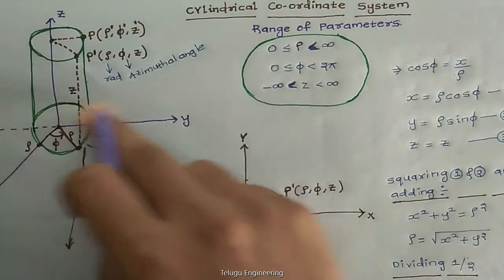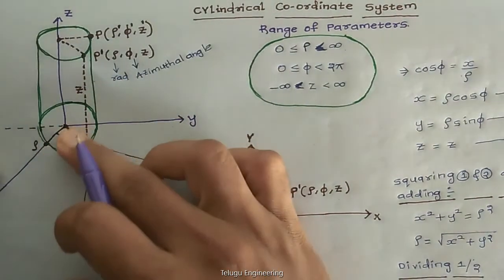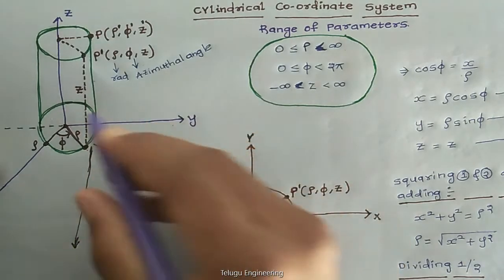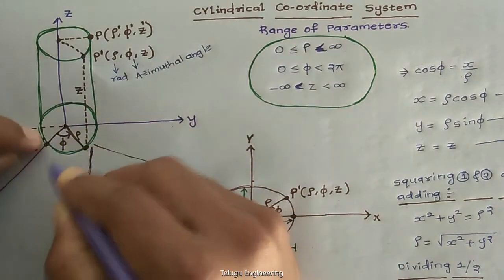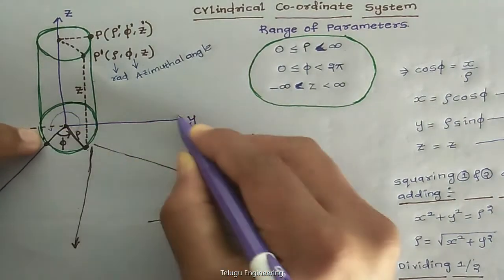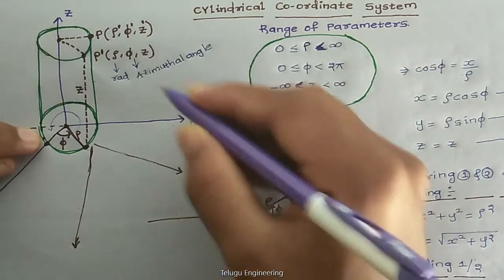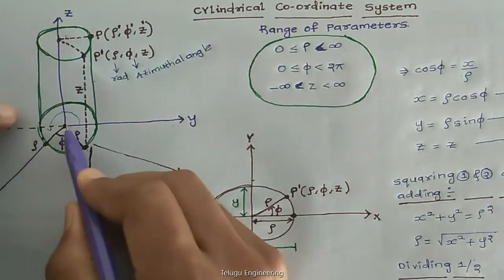If we consider the xyz Cartesian coordinate system like this, we are taking our azimuthal angle in the anti-clockwise direction. We are going like this. At this point it will be 90, at this point it will be 180, and then it goes on increasing.